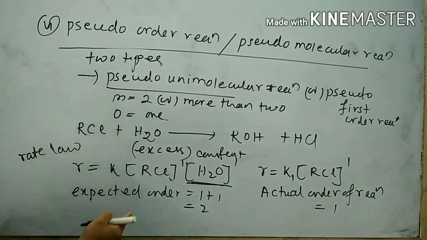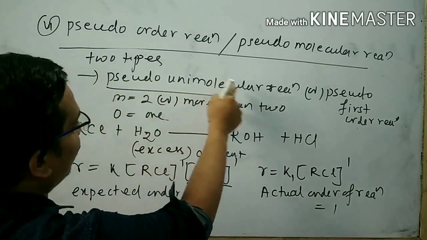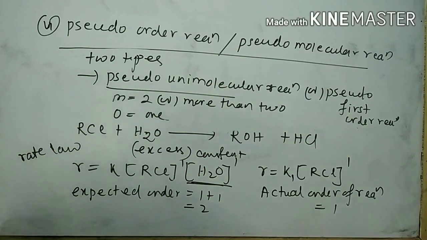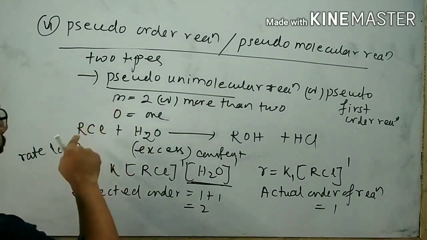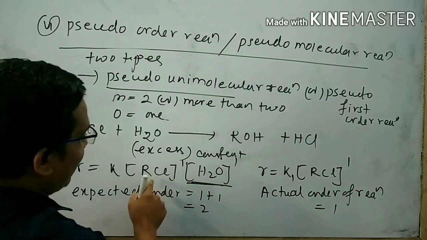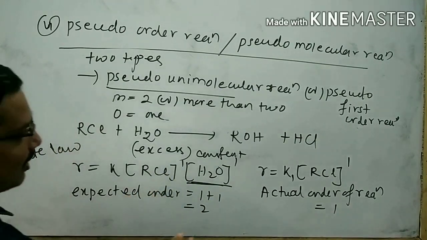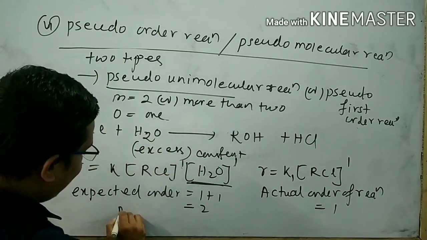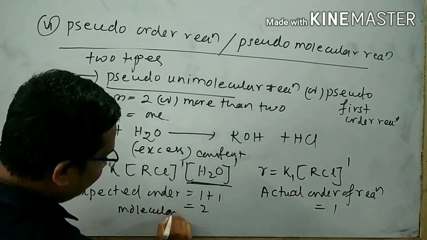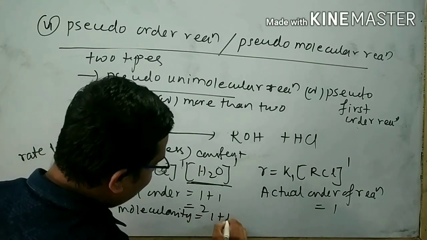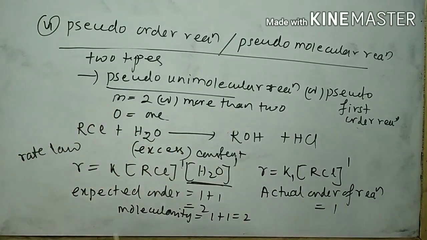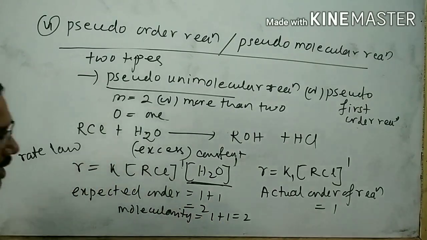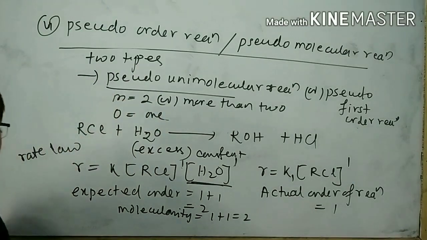Now I will prove that it belongs to pseudo unimolecular reaction. That means I have to prove that the molecularity of this reaction is 2. Look at that, here 2 molecules participate. That means we can write the molecularity is equal to 1 plus 1 is equal to 2. In this example, the expected order of this reaction is equal to the molecularity of this reaction, but the actual order of this reaction is 1.